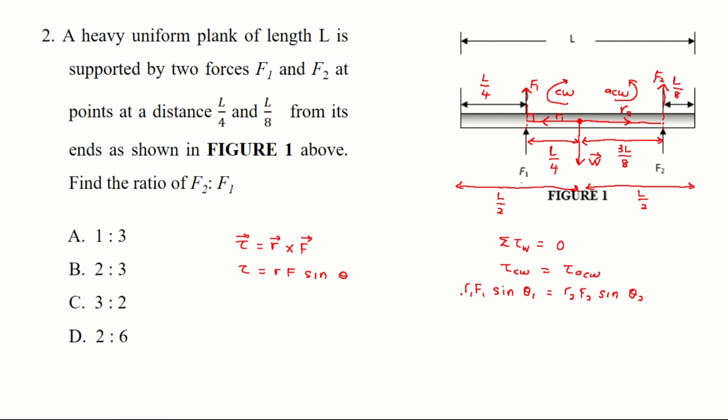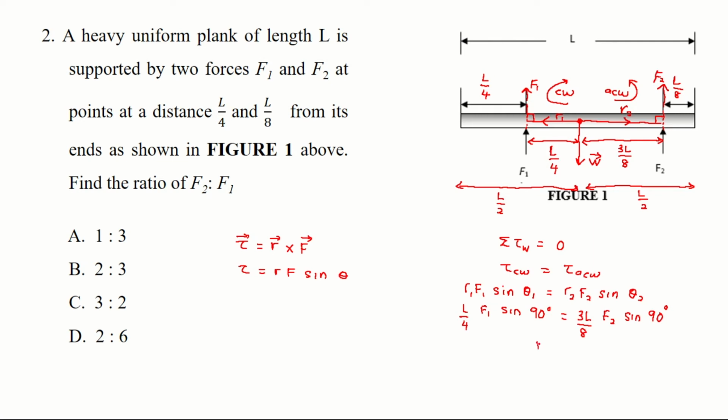Substituting values, R1 is L per 4, F1, sine theta 1 where theta 1 is 90 degrees, equals R2, 3L per 8, F2, sine theta 2 where theta 2 is 90 degrees. So sine 90 degrees equals 1.